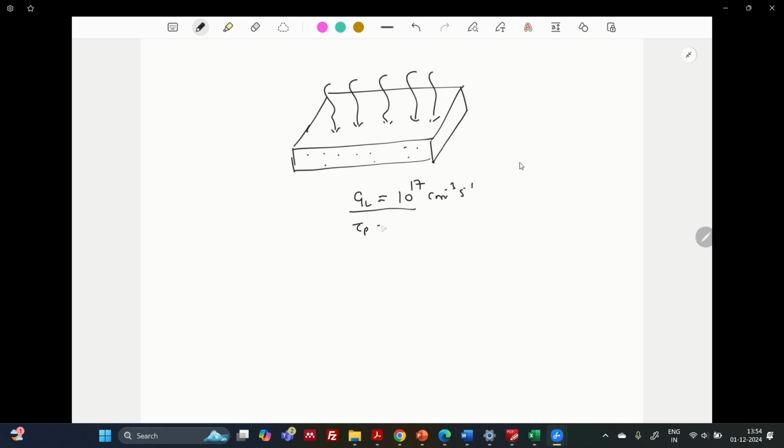Further, tau p is given as 10 to the power minus 6 seconds, that is, 1 microsecond. Now what do you do?